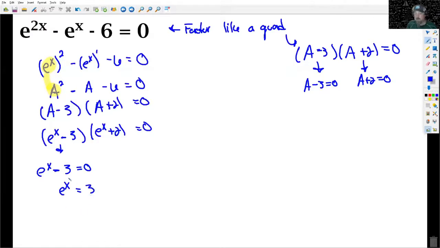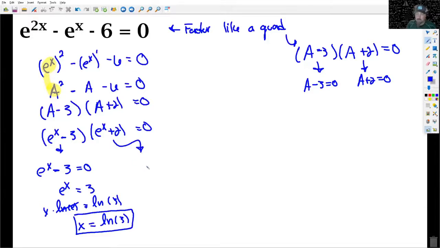We get 3. We've got to take the natural log of both sides. x times the natural log of e equals the natural log of 3. We know this doesn't matter. So that's x equals the natural log of 3. That is one solution. We do the same thing over here. e to the x plus 2 equals 0.